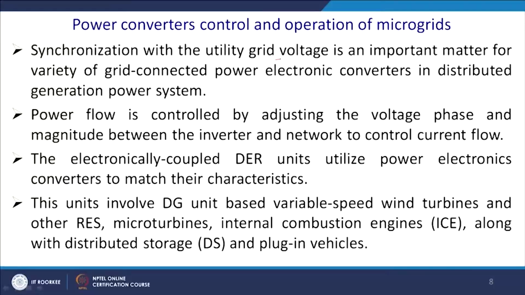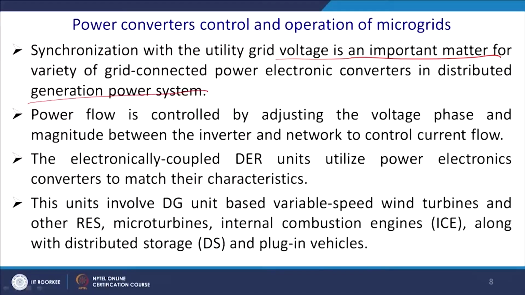Generally, the energy resources which have maximum power handling capability are made to control the frequency, like a battery, and solar maybe at some point. Synchronization with the utility grid voltage is an important matter for a variety of grid-connected power electronics converters in distributed power generation systems.